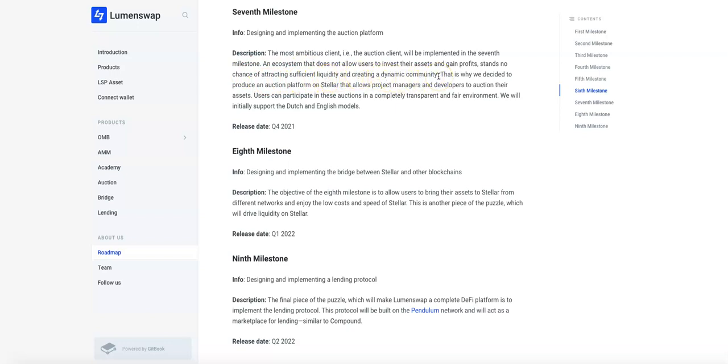Well, we've touched on that with the automated market makers, right? But now we're going to the next level, which is introducing other projects. So to our community, we will be introducing projects, and we will be allowing project managers and developers to come to Lumenswap to use the auction system that we've already proved works and that our community love, and they can launch their token.